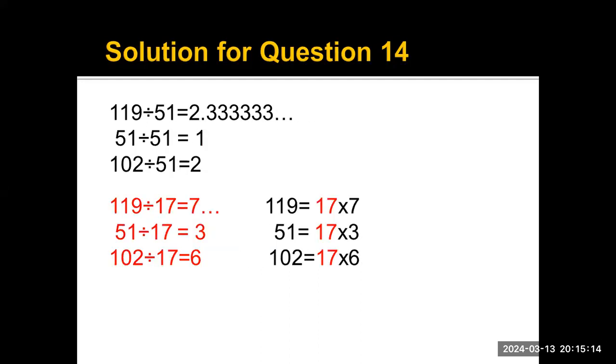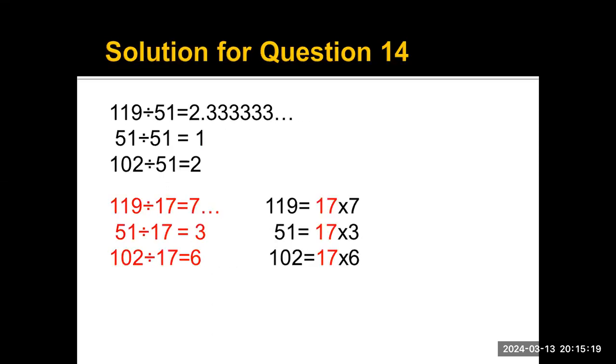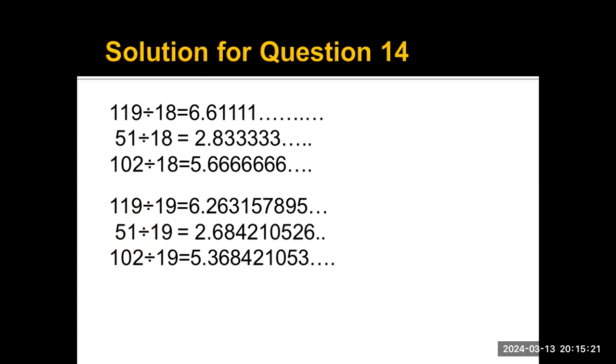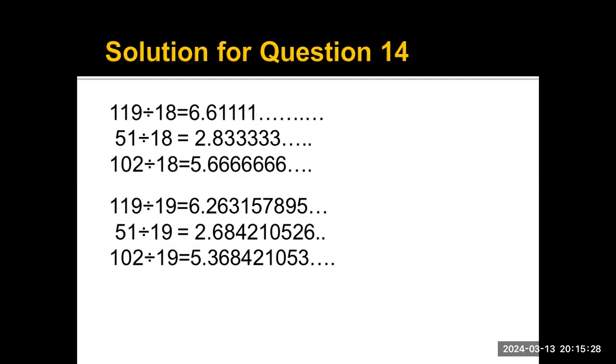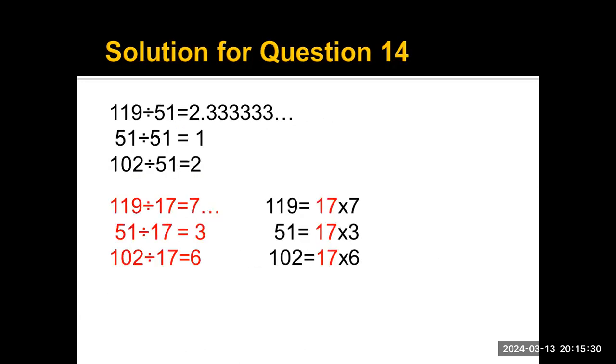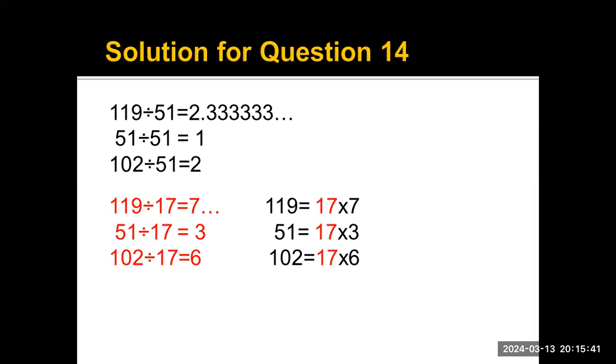The rest of these numbers have long decimal places except this one. But if you're looking for the greatest common divisor, it must be 17, the highest factor at the same time common to the three numbers.